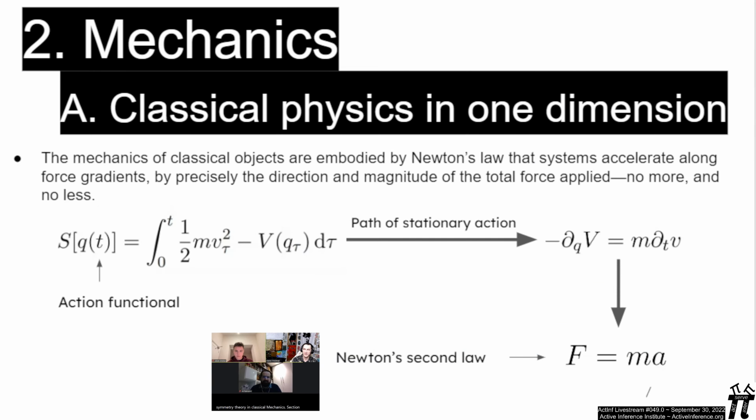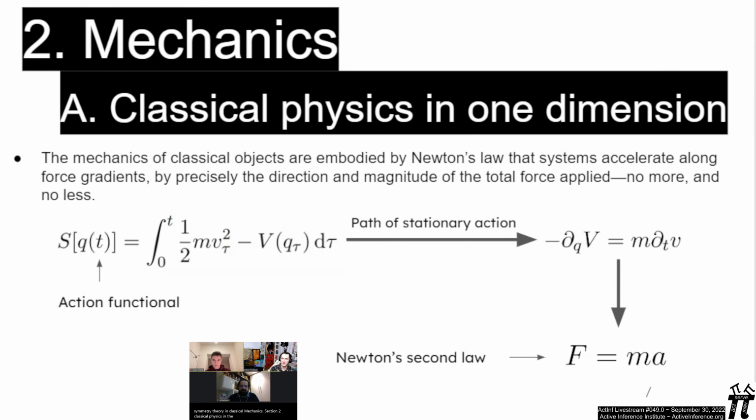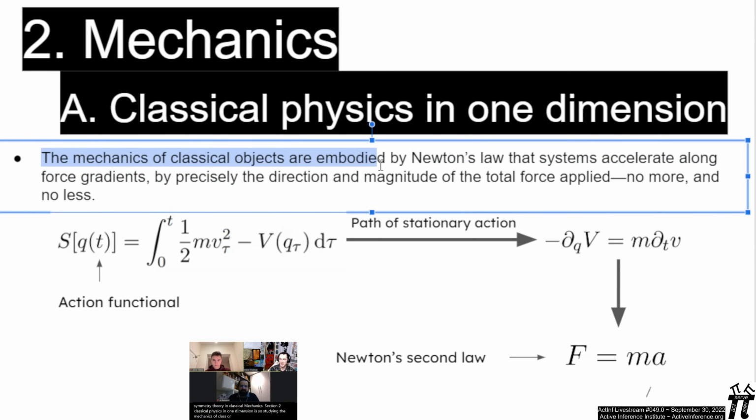Section 2, classical physics in one dimension, is studying the mechanics of classical objects and the way in which they embody Newton's law, which is that systems accelerate along force gradients. Think back to Jakob's distinction between Newtonian mechanics as forces acting on objects versus the Lagrangian formalization, precisely in the direction and magnitude of the total force applied, no more and no less.